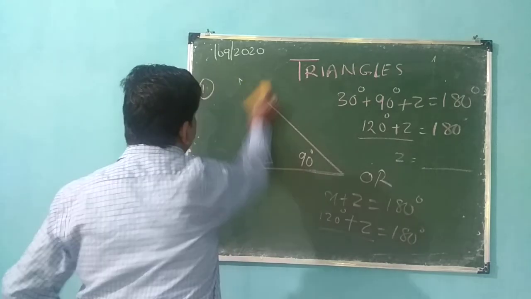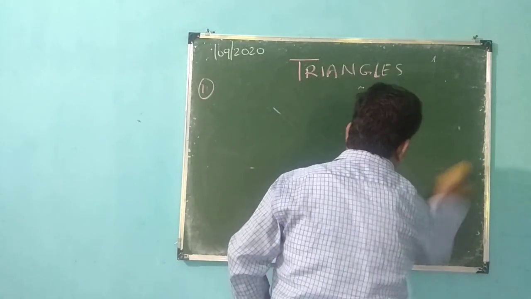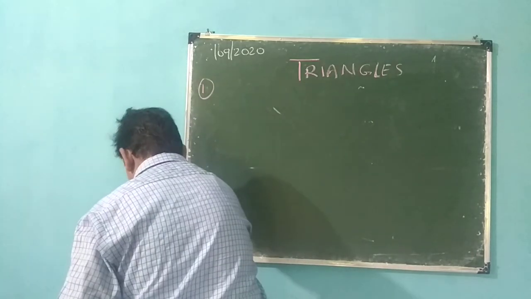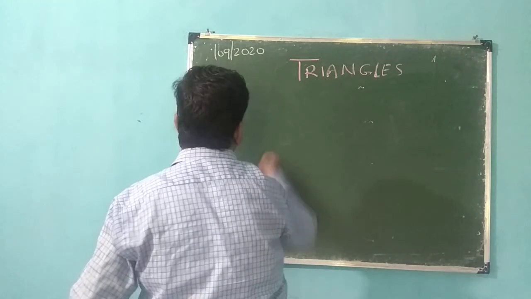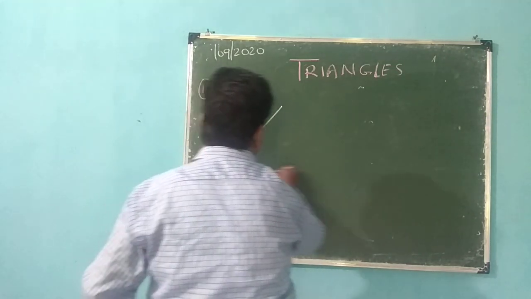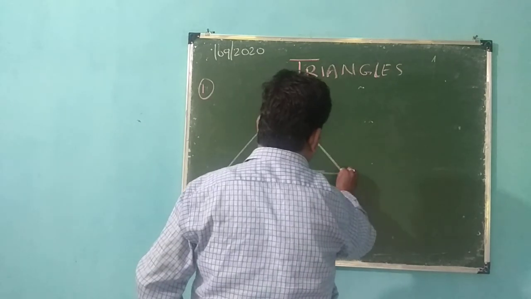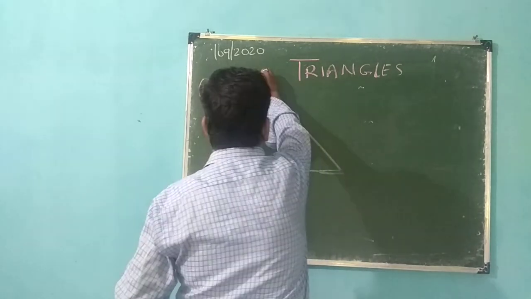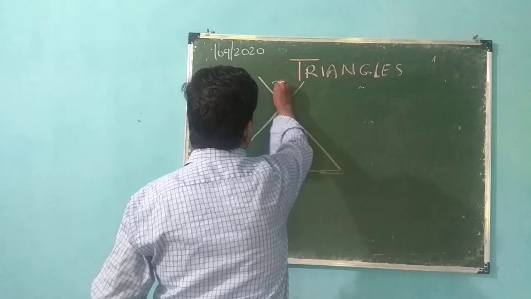If a triangle is made like this, it is written, let us say, 30 degree.